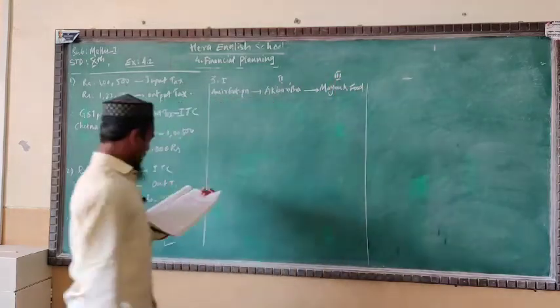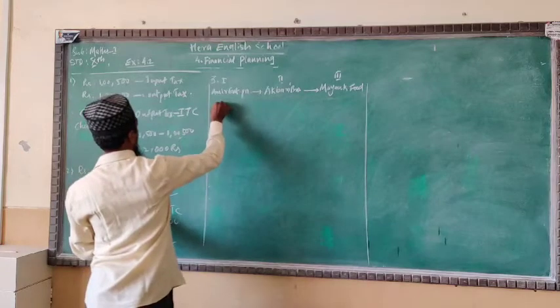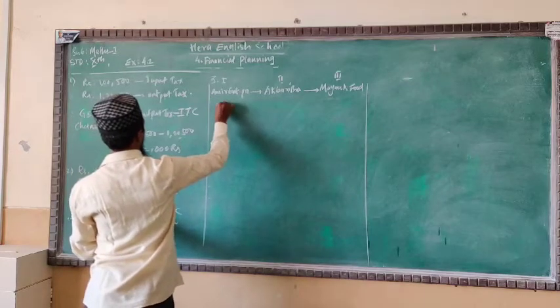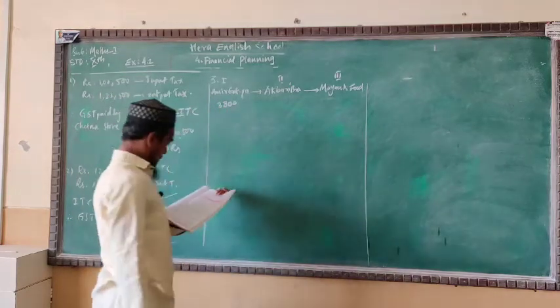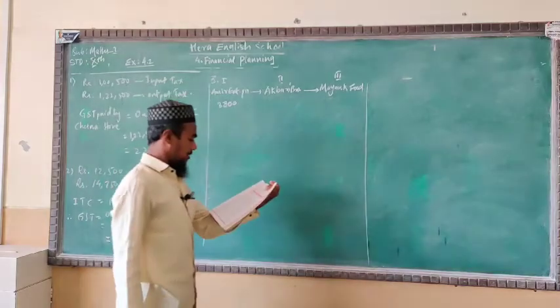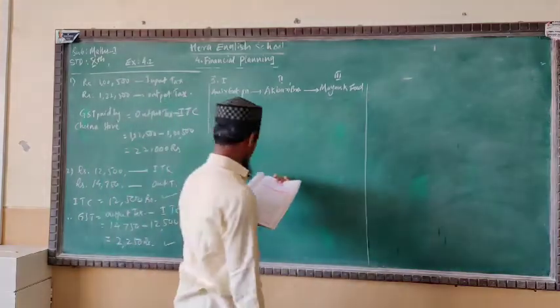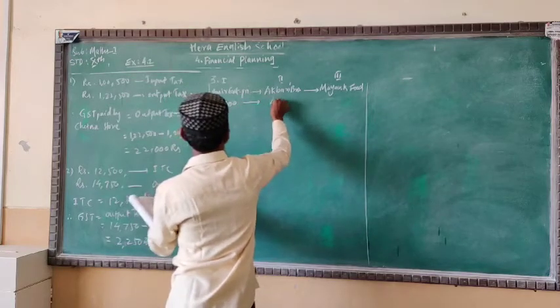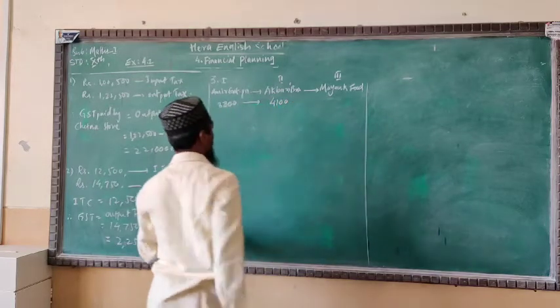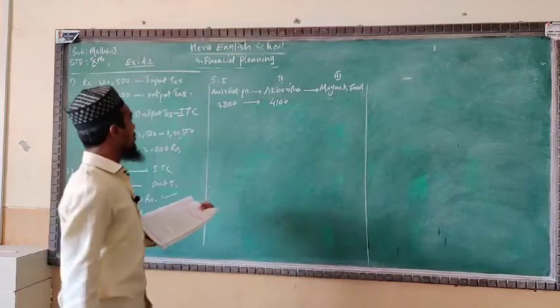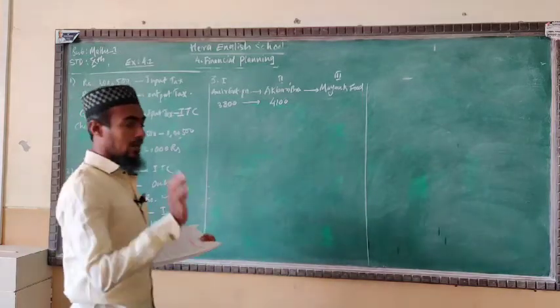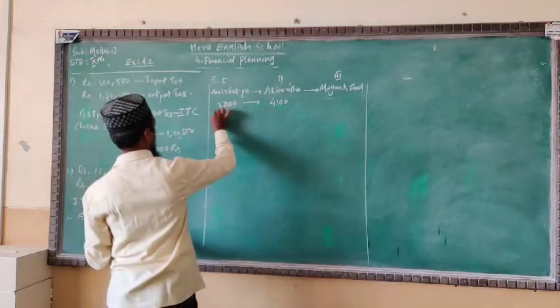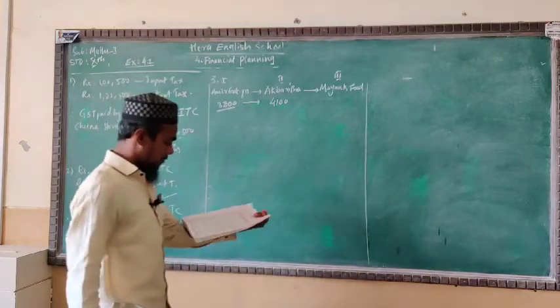See here, Amer already paid GST in the first, 3,800. Akbari Brothers got these goods at 4,100 rupees from the Amer Enterprises, and Amer Enterprises already paid the GST of 3,800 for the goods.